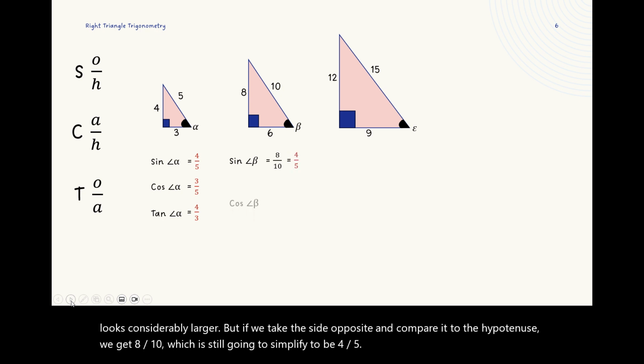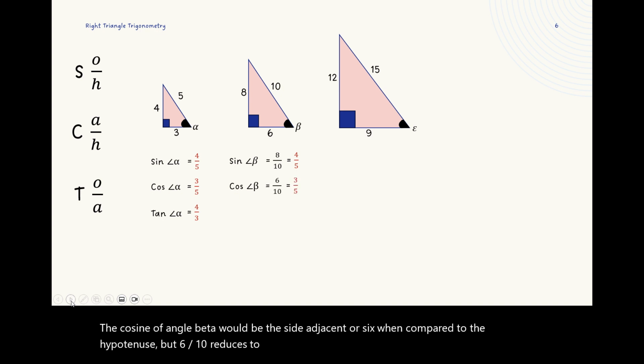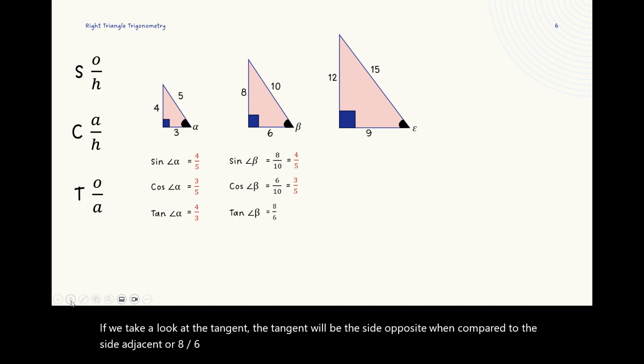The cosine of angle beta would be the side adjacent, or 6, when compared to the hypotenuse, but 6 over 10 reduces to be 3 over 5. If we take a look at the tangent, it will be the side opposite when compared to the side adjacent, or 8 over 6, which still reduces to be 4 over 3.